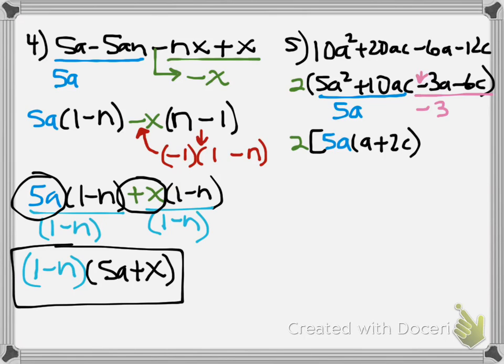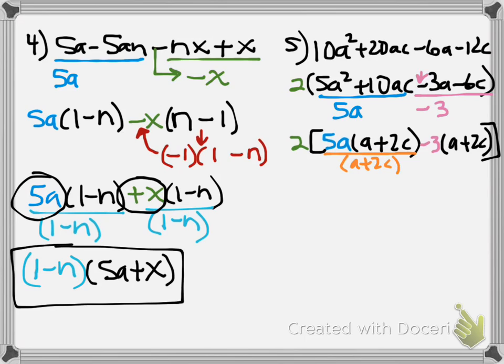Now I'm pulling out a negative 3. Negative 3a divided by negative 3 is a, and negative 6c divided by negative 3 is positive 2c. You should be able to see inside the brackets. They have an a plus 2c in common.